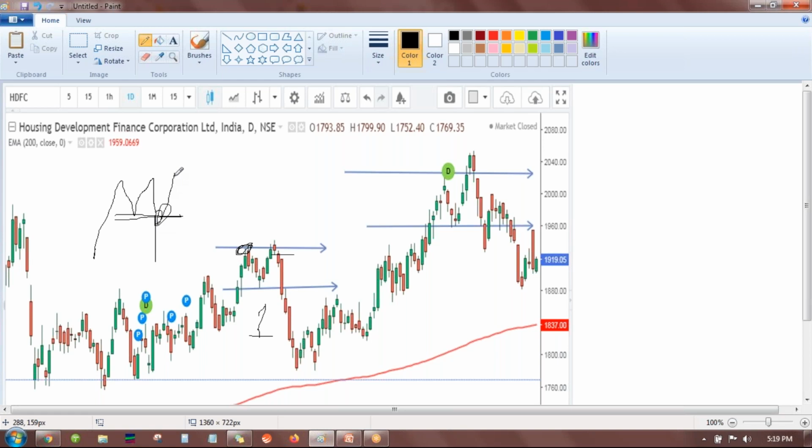So I am not playing the conventional method. What I am teaching you is whenever the price reaches the prior top, we'll try to sell right here. If it fails, wait for the candle to close, so that we can get our stop loss above this.